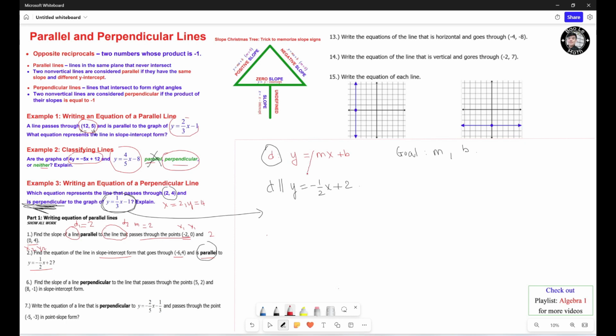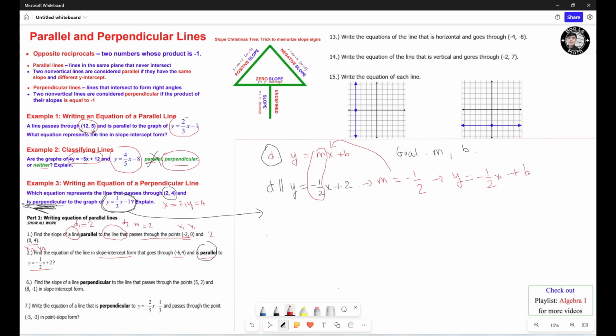And you know that if two lines are parallel, their slopes should be the same. So you just equate this one. This guy and this guy must be the same. So m equals -1/2. Alright. So because m equals -1/2, substitute back over here. You have equation y equals -1/2 s plus b.